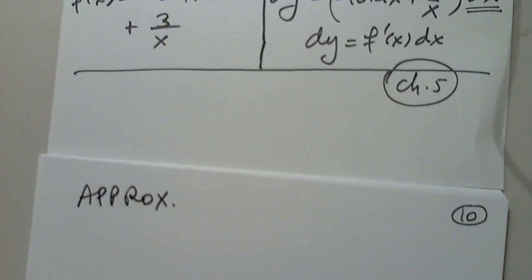Let's look at a problem. We can choose a problem directly from the book. And that's the last section. 3.11 is the last section, but if you remember, we talked about that. Okay, this is differentials, 3.10.